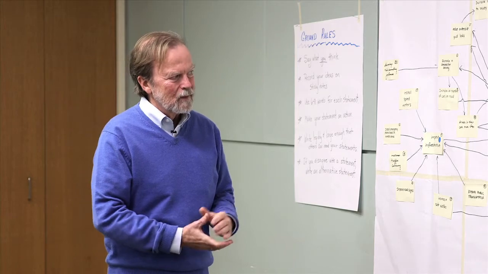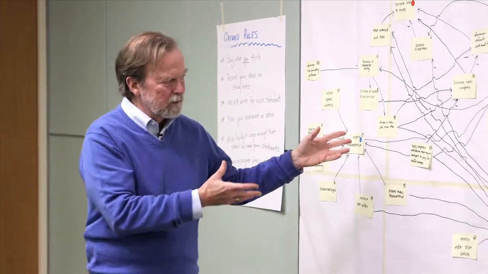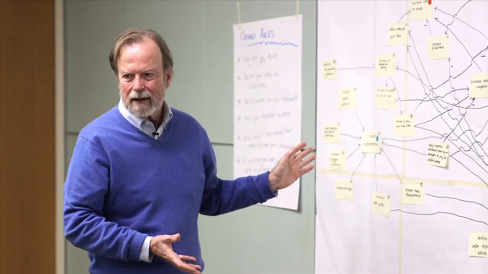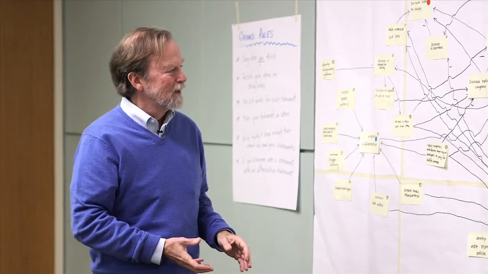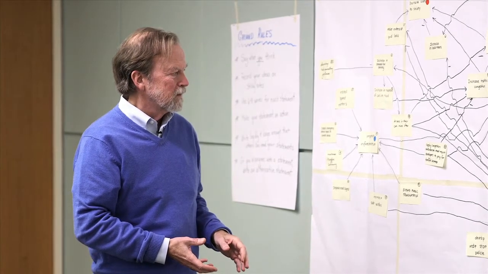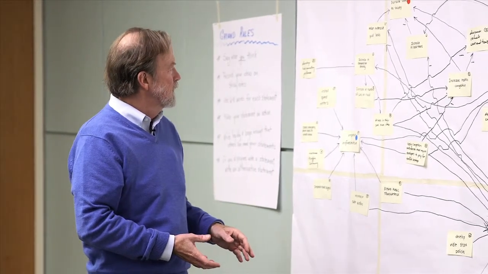So one of the things, if you have a controlling loop, one of the things you have to do is to look for actions outside the loop that might intervene to make a difference. So, for example, what's an example here?